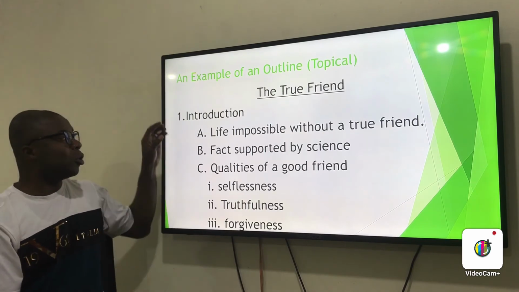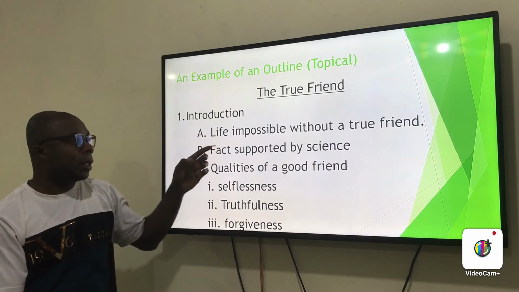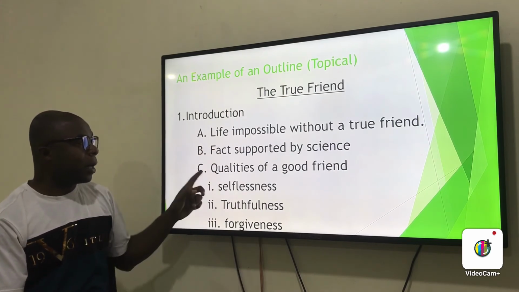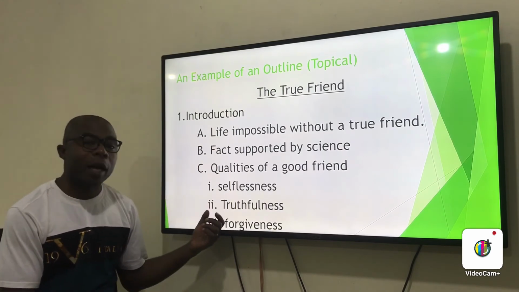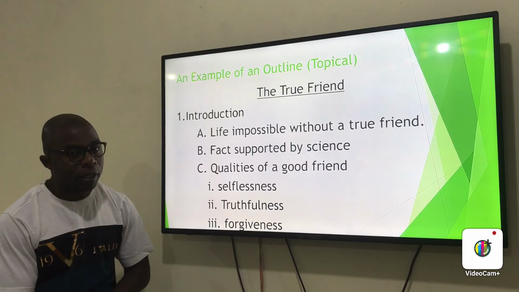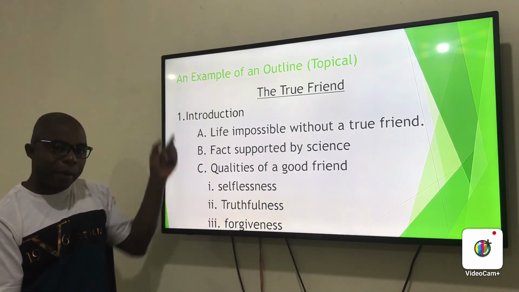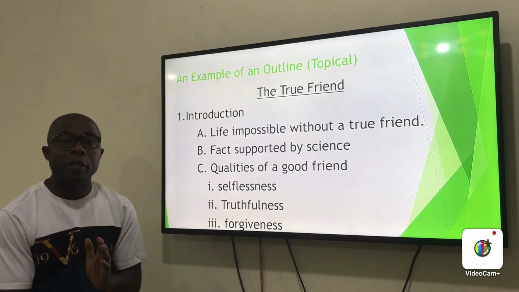I chose to use the Arabic numerals for the topics, the upper case of the Roman alphabet for the major points, and then the lower case for the minor points. Consistency is key when it comes to the numbering of your outline, and it all depends on you.